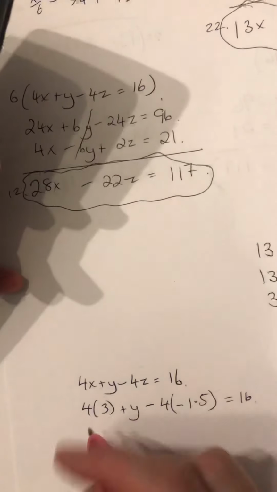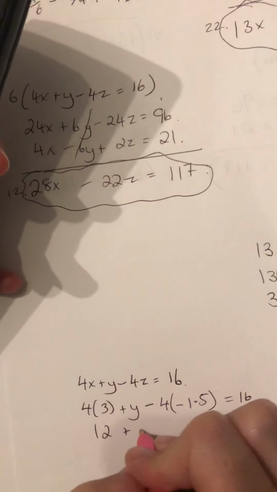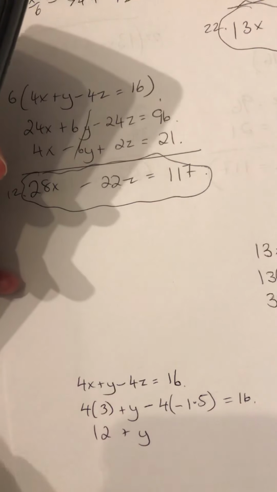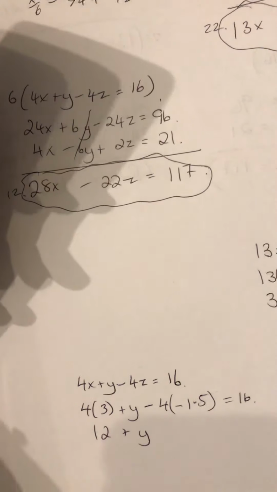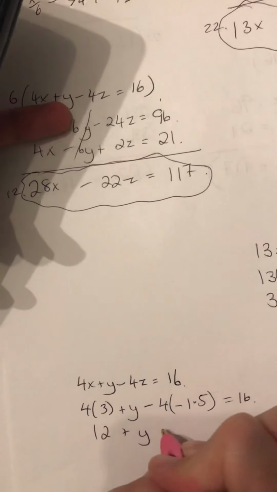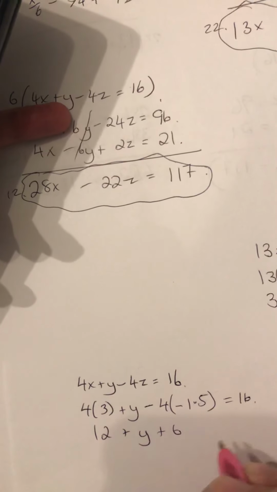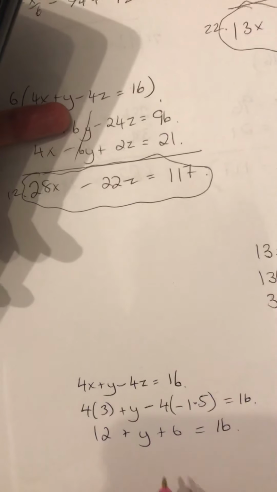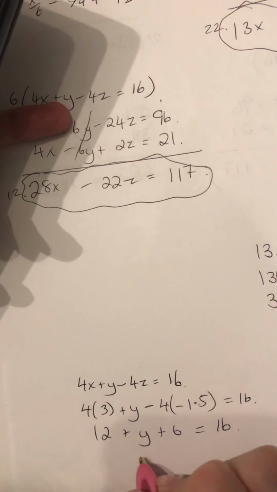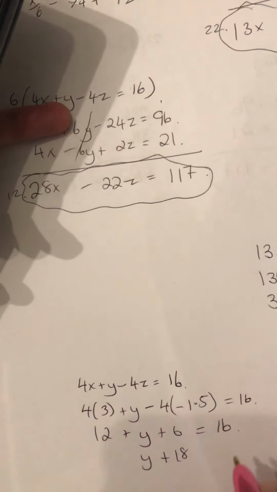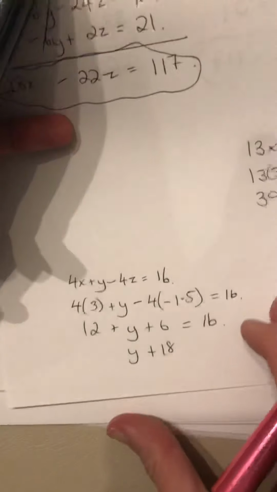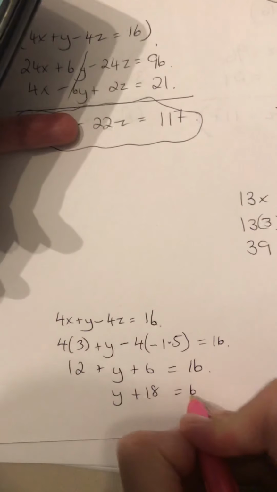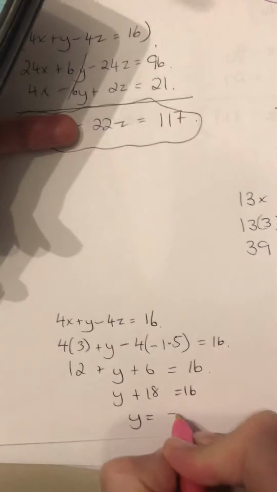So that gives me 12 plus y plus 6 is equal to 16. That gives me y plus 18 is equal to 16. y is equal to minus 2.